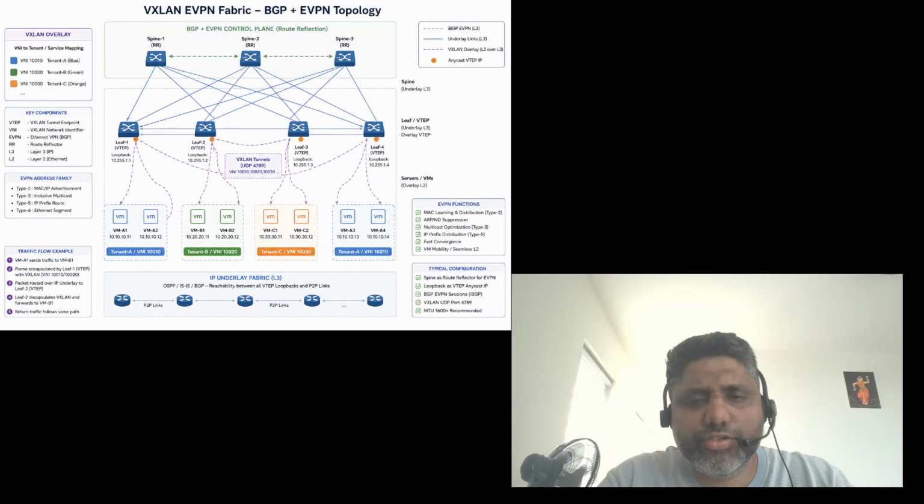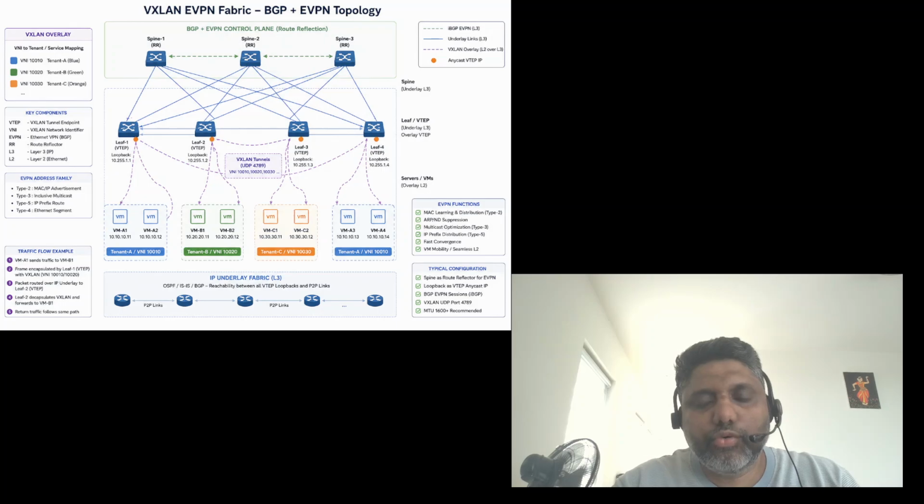A layer 2 network is usually a local area network. Let's suppose you have a broadband gateway at home. That router provides an IP address to our mobile phones and laptops. There might be more than one mobile phone in the same broadband gateway network on the LAN side, the local area network side.